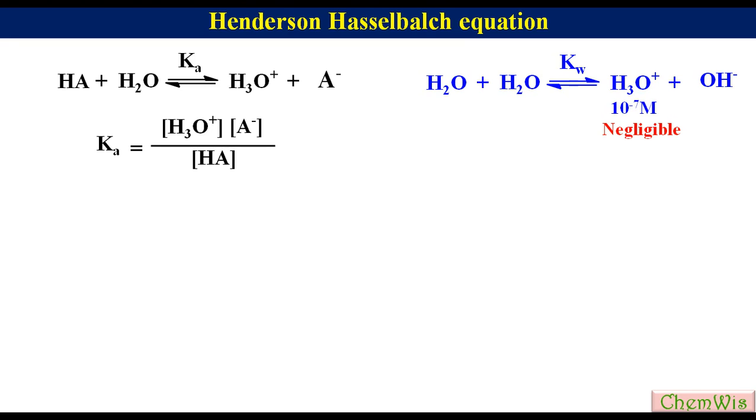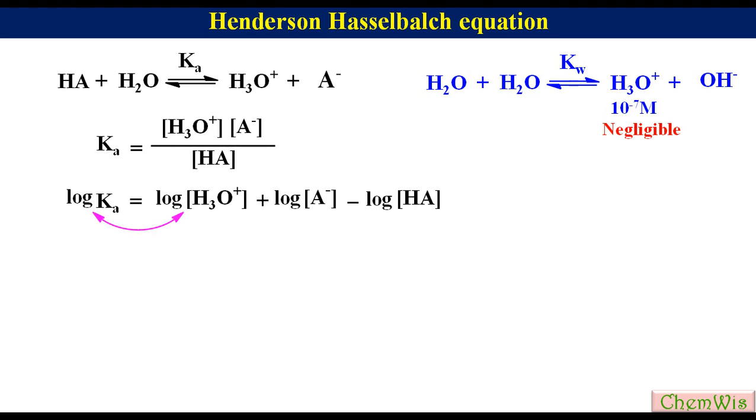Taking log of both the sides of this equation, we will get log Ka is equal to log hydronium ion concentration plus log conjugate base concentration minus log acid concentration.